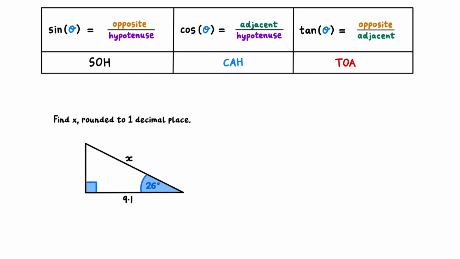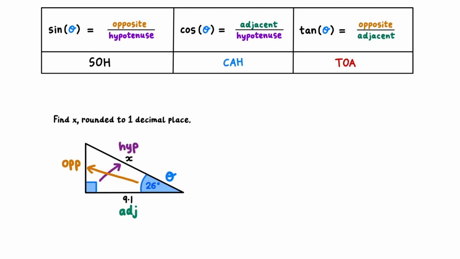In our second example, we have a right-angled triangle which contains an angle of 26 degrees. The hypotenuse is labelled x, the opposite is not labelled at all, and the adjacent is labelled as 9.1.